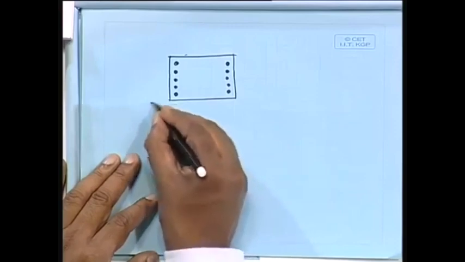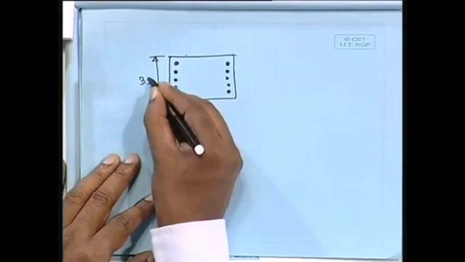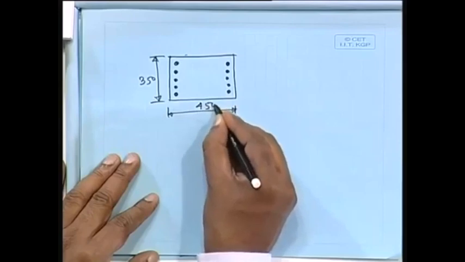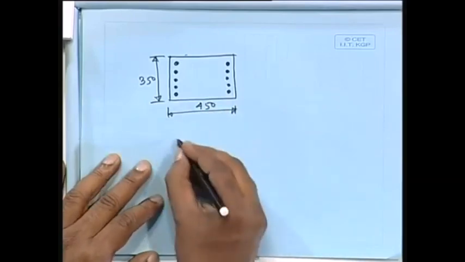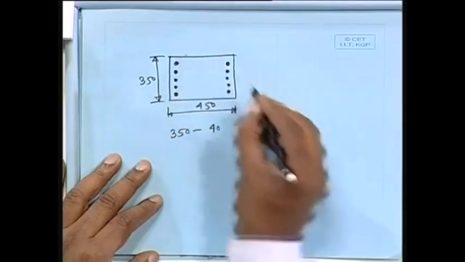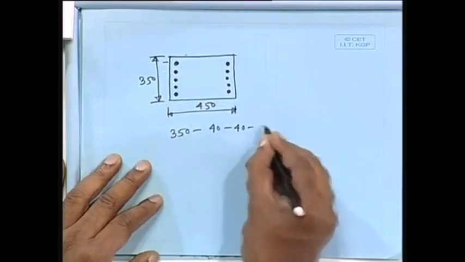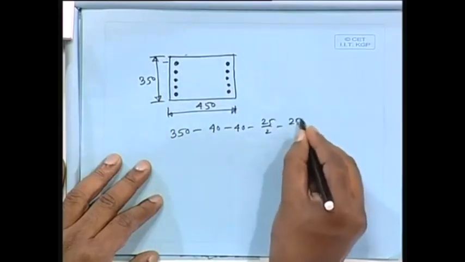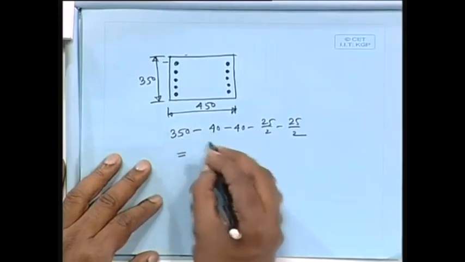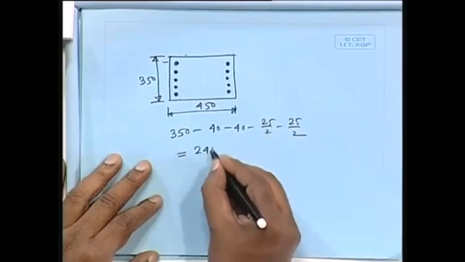This is 350 and this is 450. So 350 minus 40 clear cover this side. So this one also d dash: minus 40 minus 25 by 2 minus 25 by 2, which comes as 245 millimeter.